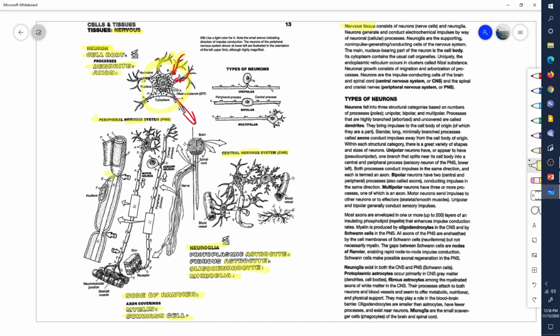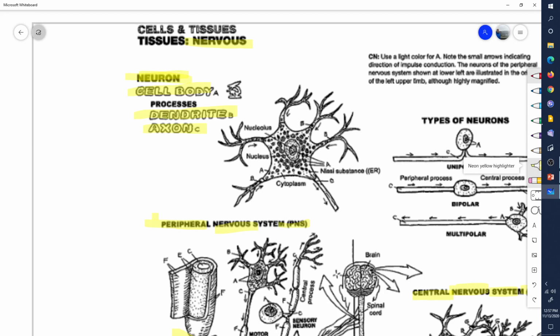Let's dig in a little deeper. As I've said, the nervous system consists of cells as well. Just like there are muscle cells and epithelial cells and connective tissue cells, there are also nerve cells called neurons. And this is a neuron. These projections, as I said, are called dendrites. And they take the electrical signals, say from other neurons, and they conduct them toward the cell body.